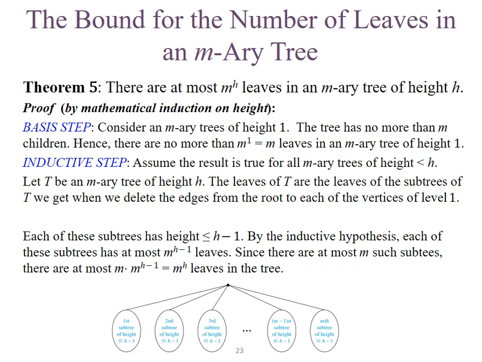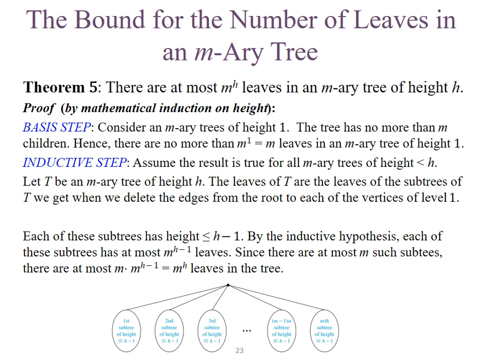If the height of this tree is h, then the subtree of each one has height h minus 1. And the inductive hypothesis tells us we have at most n to the power of h minus 1 leaves in each subtree.